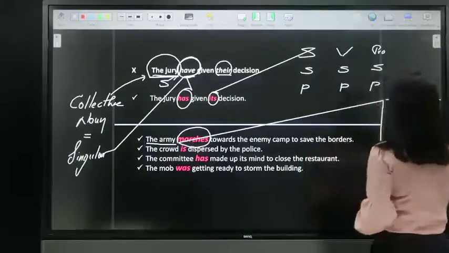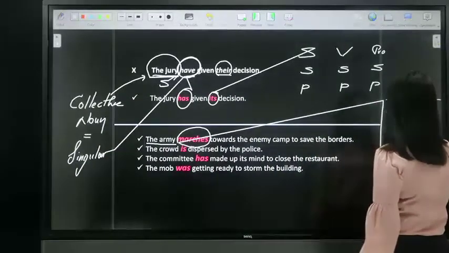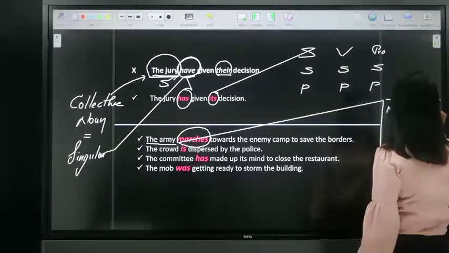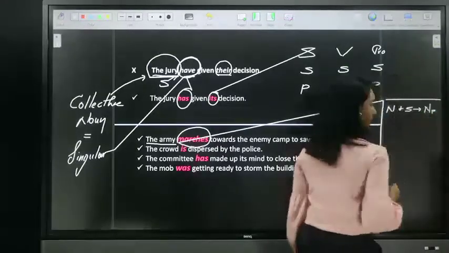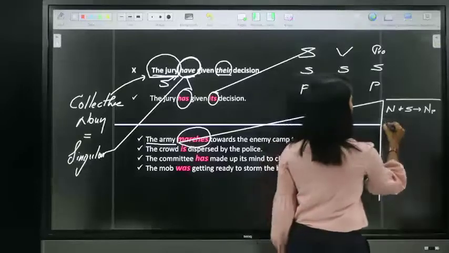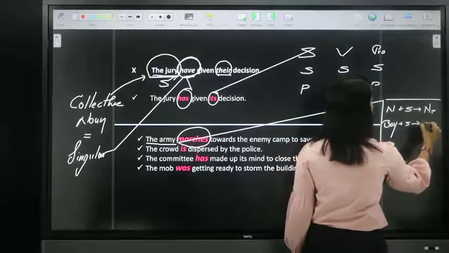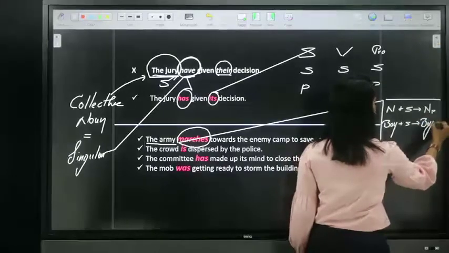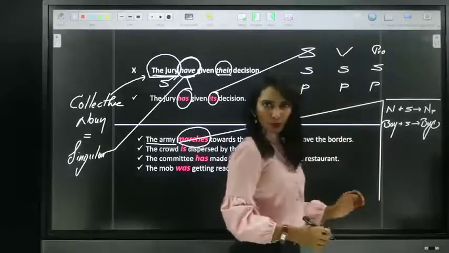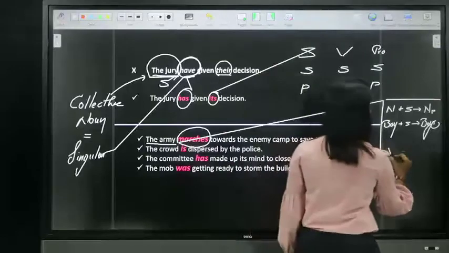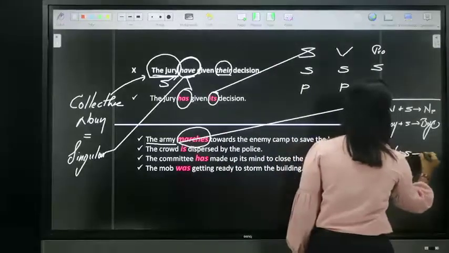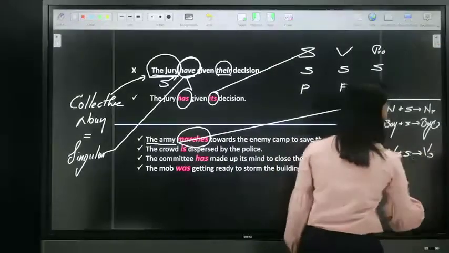See, if you add s to a noun, the noun becomes plural, right? For example, boy plus s, boys, is a plural noun. But if you add s to a verb, the verb becomes singular.